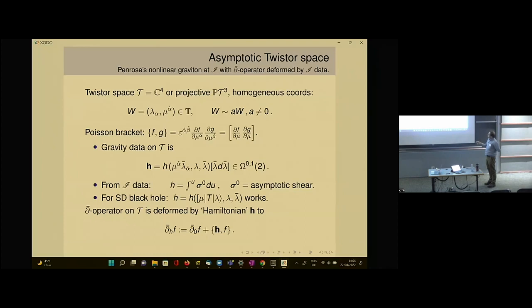And this H would just be simply a u integral at the Bondi retarded time of sigma naught. But the twistor space gives you a more flexible framework. So if you wanted to do a black hole, a self-dual black hole, you could think of other functions which weren't obtained in this way.